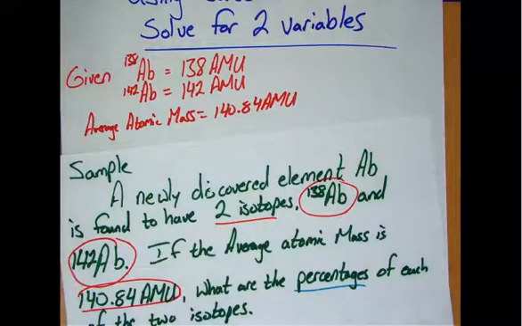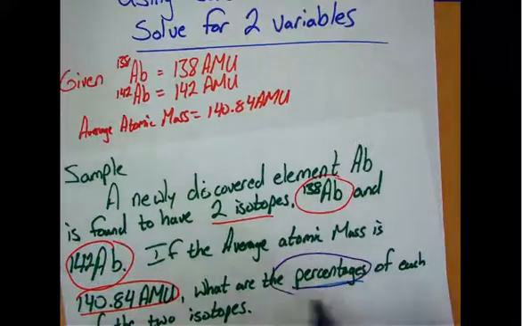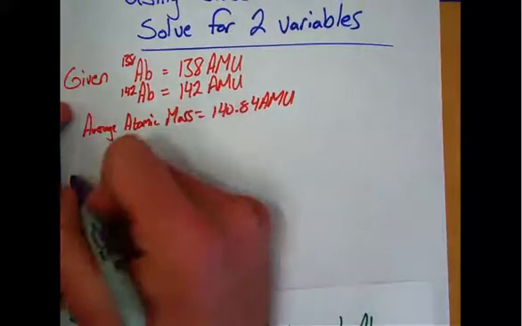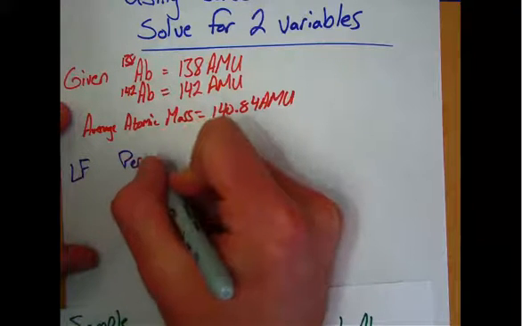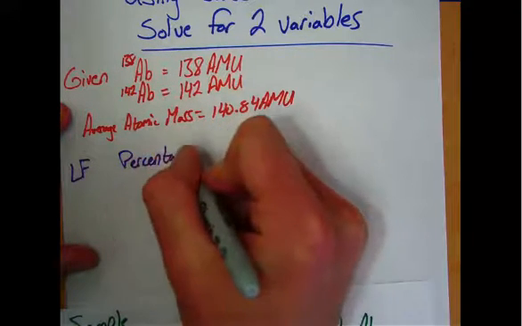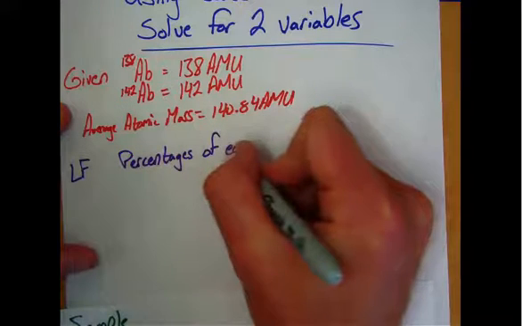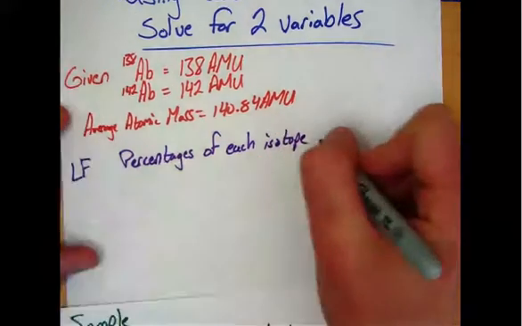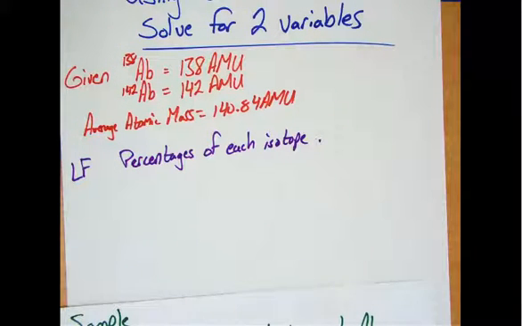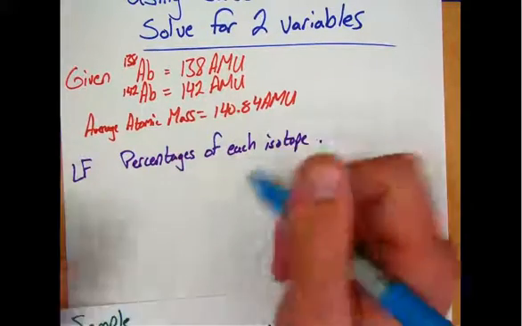Let's change over to purple for this. So the percentages we're looking for. Okay. Next, we're going to take a look at any equation that might exist between all of these. I guess it's all four of these.